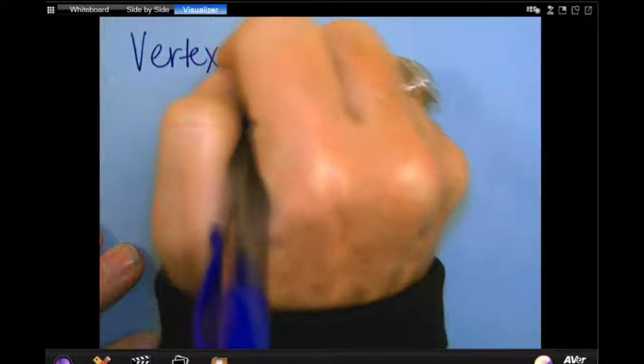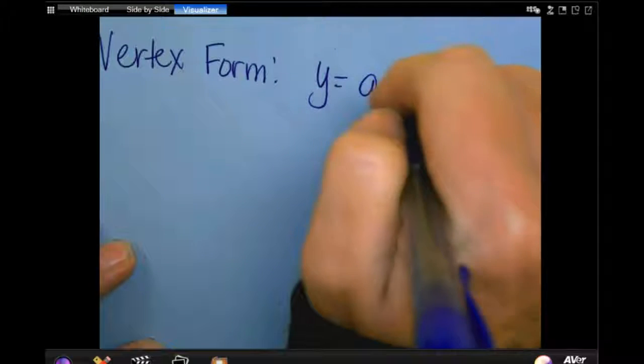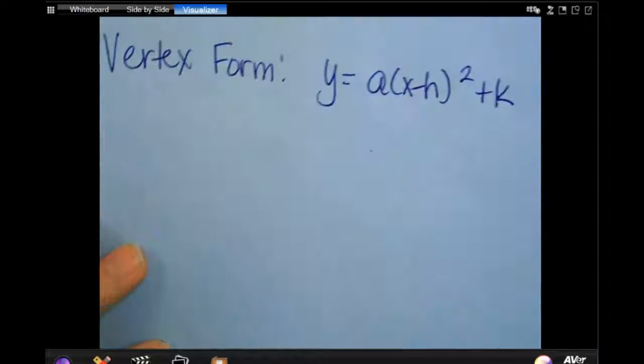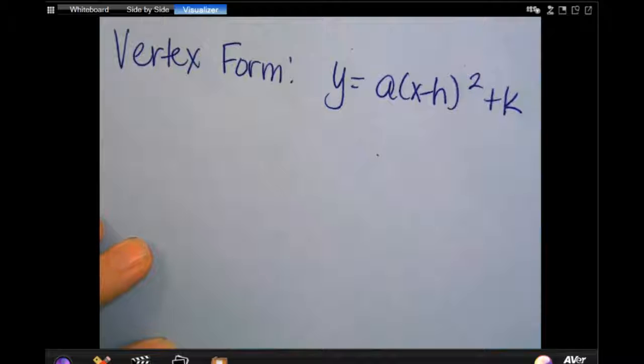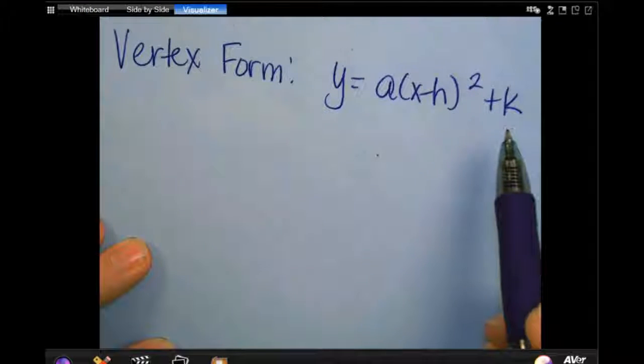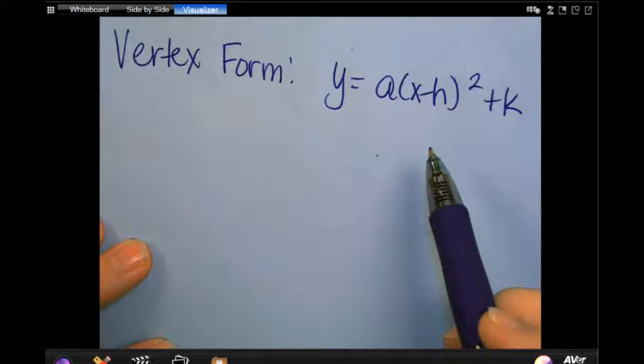So the first thing I want to talk about is vertex form. So tell me, yesterday we did something that put it in vertex form. Does anybody remember what we did to put it in vertex form?